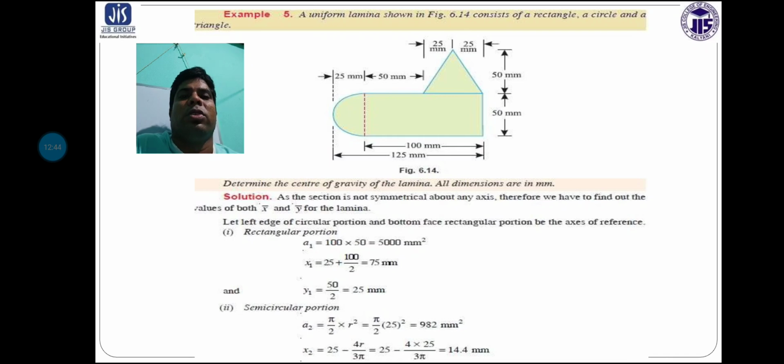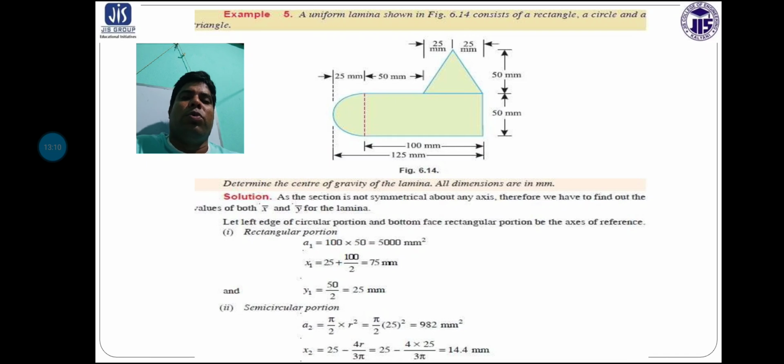So in case of the rectangular portion, A1 is equal to 100 into 50, so 5000 millimeter square. X1 is equal to 25 plus 100 by 2, 75 millimeter, and Y1 is equal to 50 by 2, 25 millimeter. Now next, the semicircular portion.